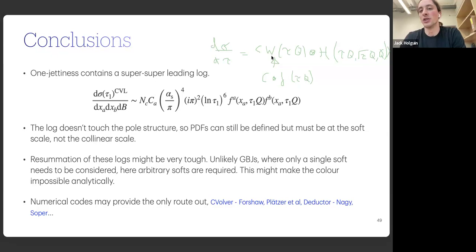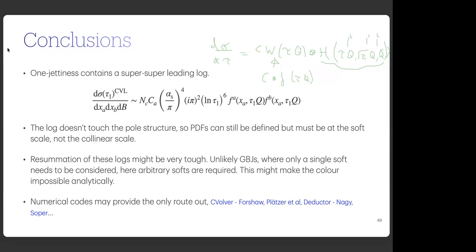Like this W is just at tau Q, and that's got the PDFs, but this still is not refactorized at all. This is a 3-scale matrix element because it depends on both the soft scale, the collinear scale, and also the hard scale.